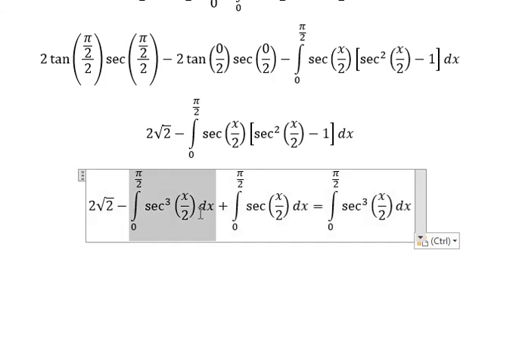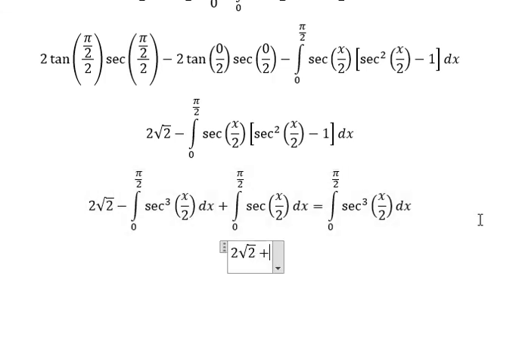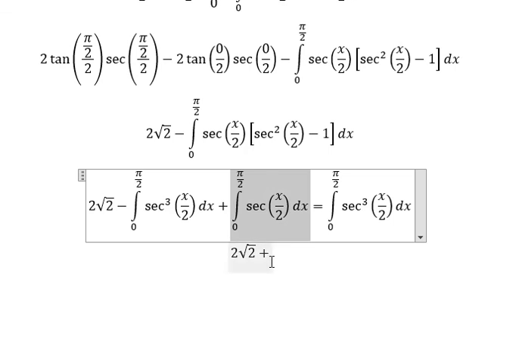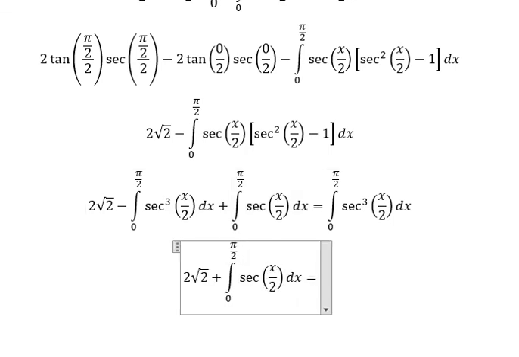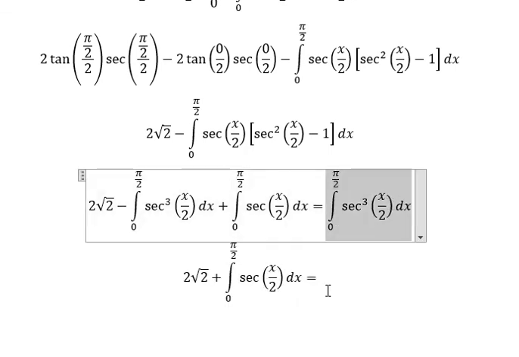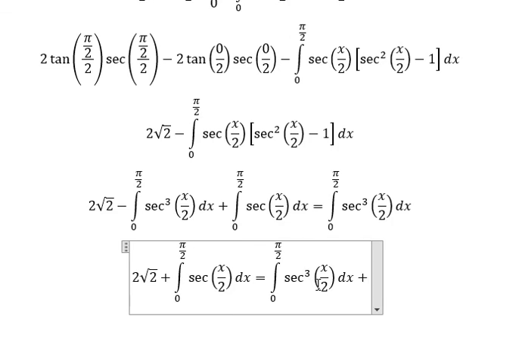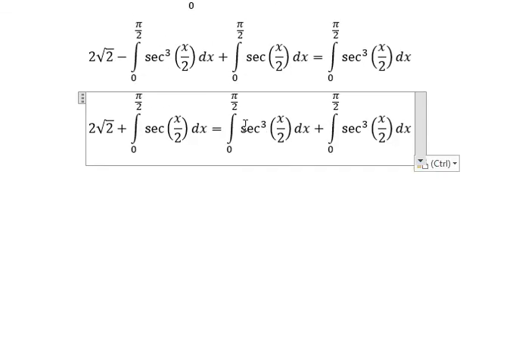Now, we put this one, go to the right. And we have this integration plus this integration. So this one you got about number 2.